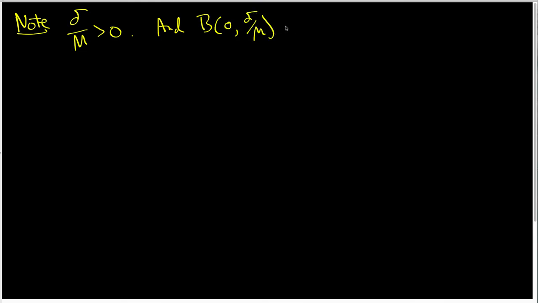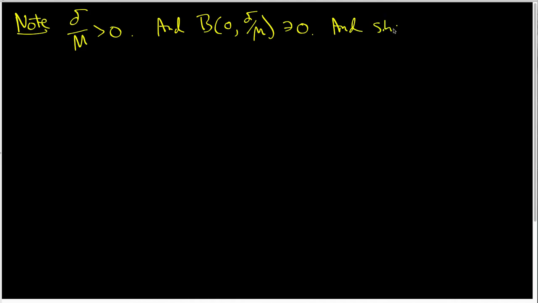The next thing I want to do is note that delta divided by capital M is a positive number. And that means that the ball centered at 0 of radius delta over capital M is an open interval that contains 0.